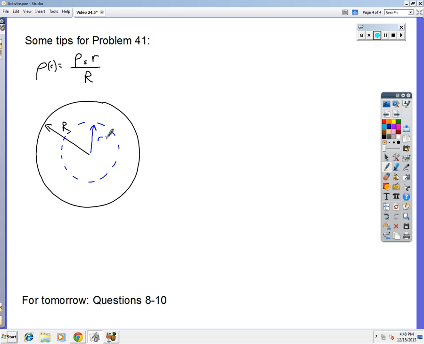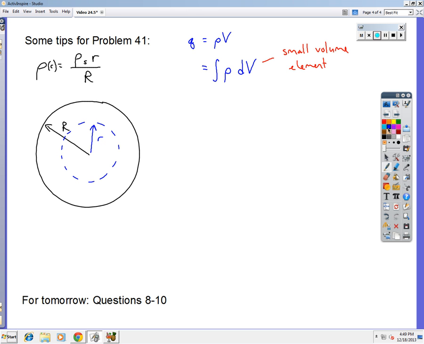And not surprisingly, our general expression for Q is rho times V. But if rho is not constant, that's going to be written as the integral of rho with respect to V. And so what we need to do is figure out what this dV is. dV is a small volume element. And within that small volume element, rho should be the same everywhere.